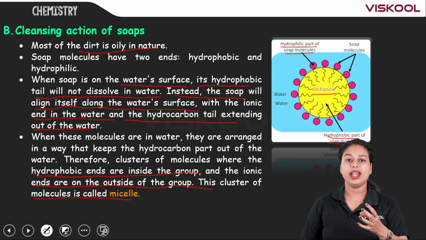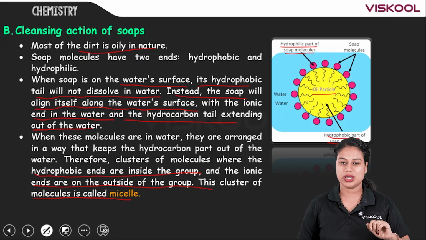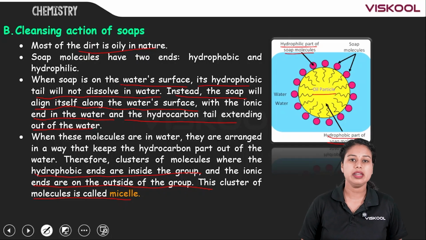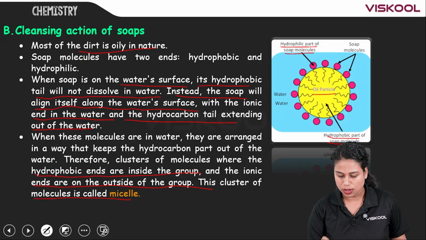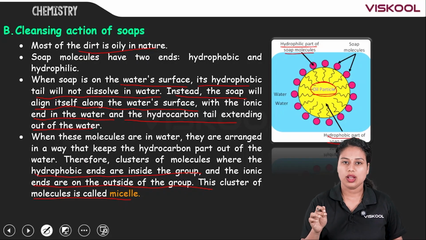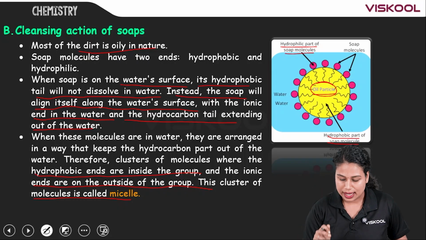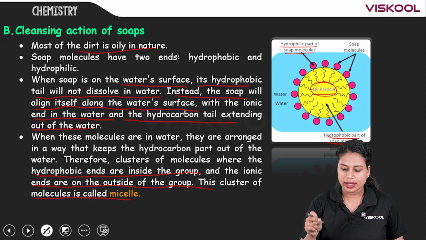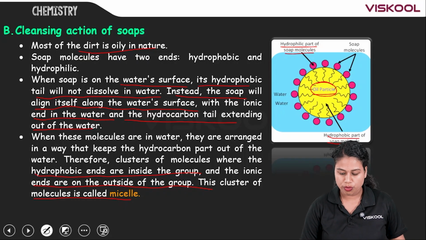Here you can see when an oil particle is present. That means when dirt is present. As we know, the hydrophobic tail is soluble in the dirt, right? So what happens if there is an oil particle present? The hydrophobic tail will align in such a way that it is soluble in the oil. So here you can see the hydrophobic part.